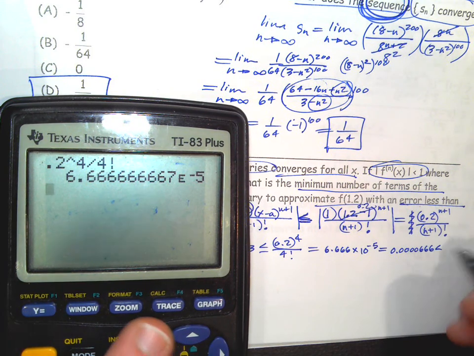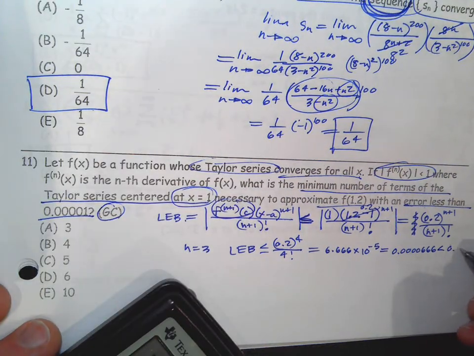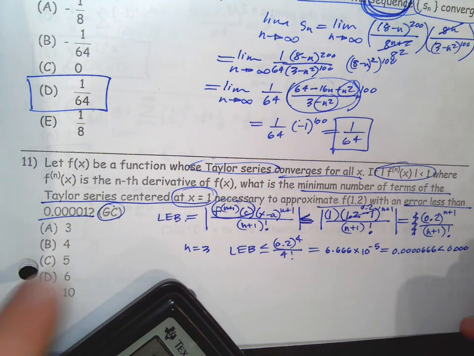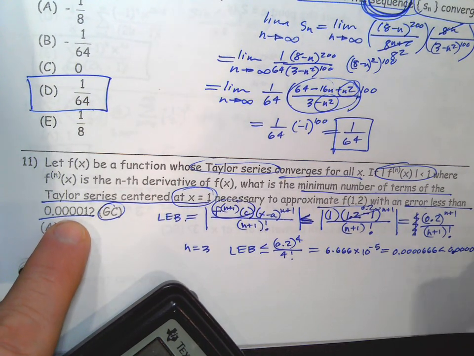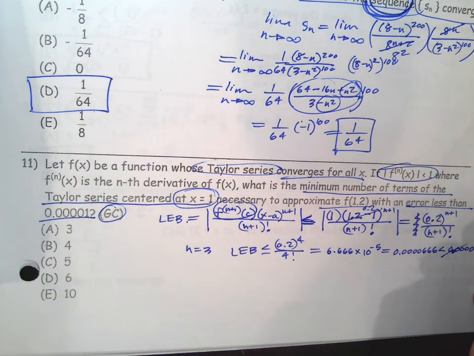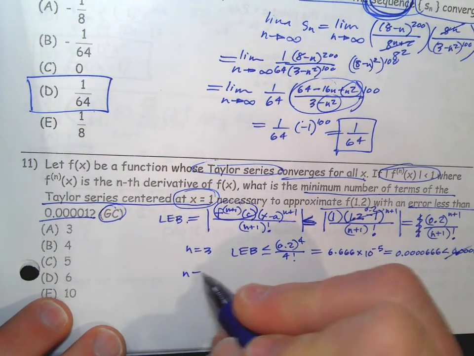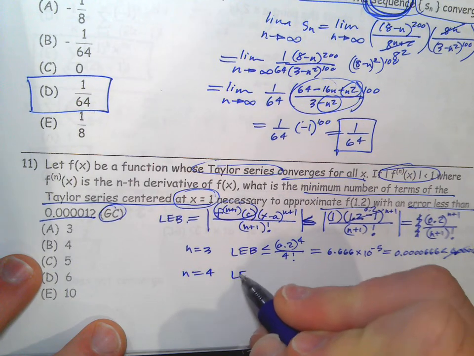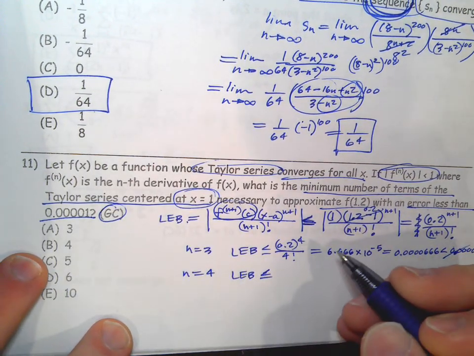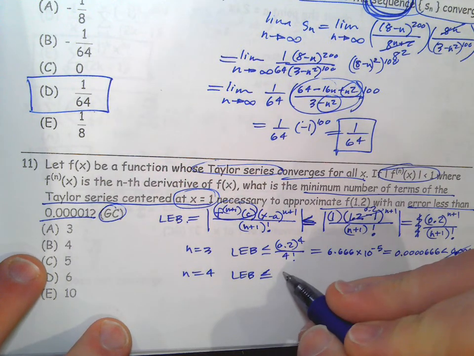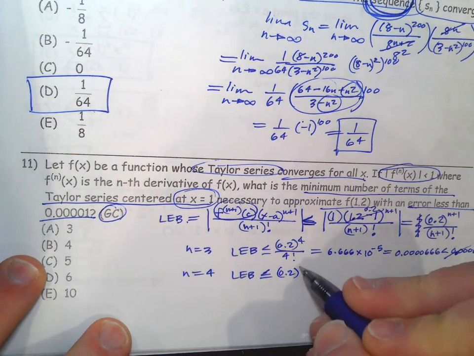So is that less than 0.0000? How many zeros are there? 4 zeros. So close, but not yet. So I'm almost thinking maybe the next one might work. Usually it seems like each one gets you at least an extra decimal of accuracy, and that would, I think, do it.